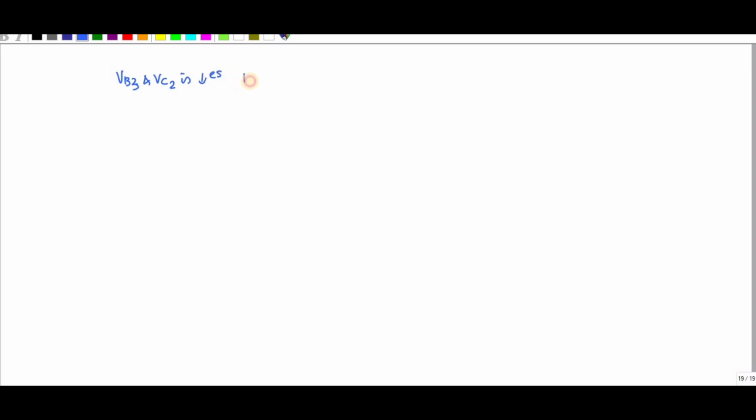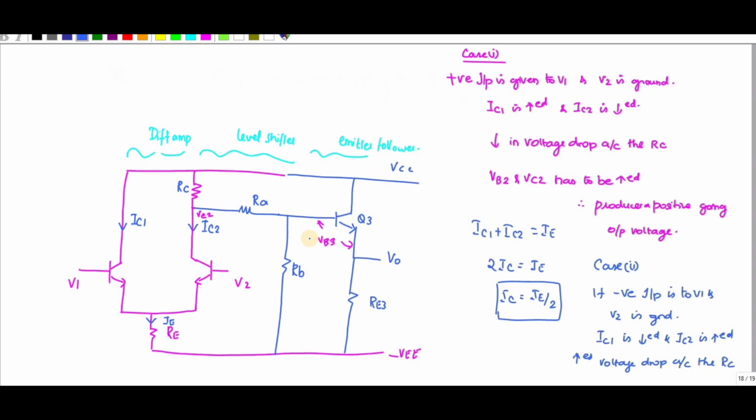This will produce a negative going output signal. So what happened to this V1? V1 is nothing but the non-inverting terminal.